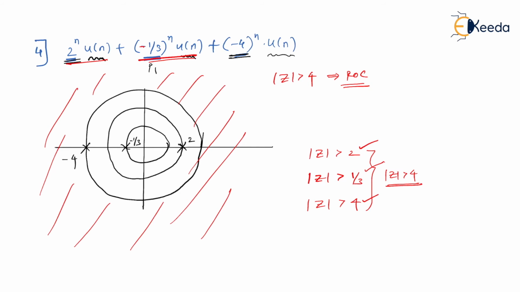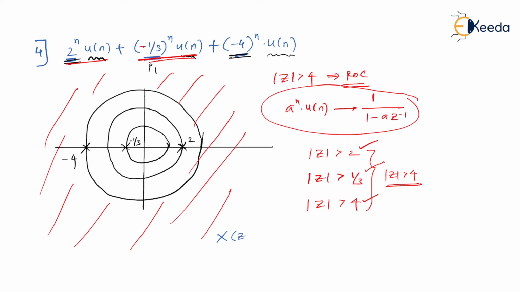And if you want to write their Z transform, you can write it this way. You know that a to the power n u of n has a Z transform as 1 upon 1 minus a z inverse. Let us refer to this formula and write the Z transform directly. So X of z is now, the very first term 2 to the power n u of n will have Z transform as 1 upon 1 minus 2z inverse, plus, for minus 1 by 3 raised to n u of n, it will become 1 upon 1 plus 1 by 3 z inverse.